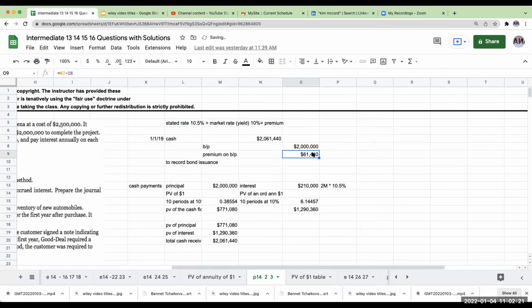If I'm using the effective interest method, what I'm going to be doing is every year, so my date of payment, 12/31/19.